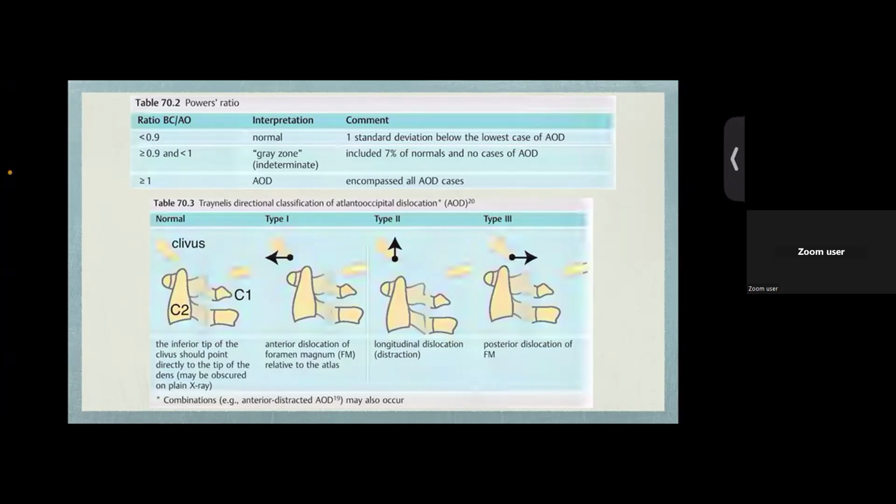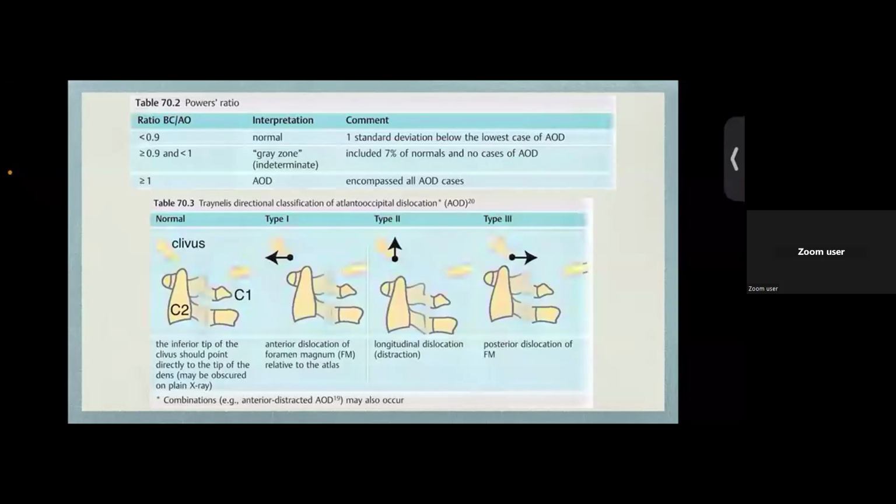The table below is the Traynelis directional classification of the atlanto-occipital dislocation. Type 1 is an anterior dislocation, so the atlas is pushed forward.